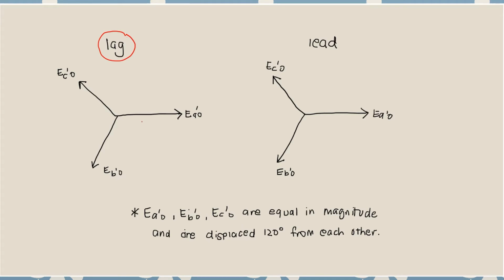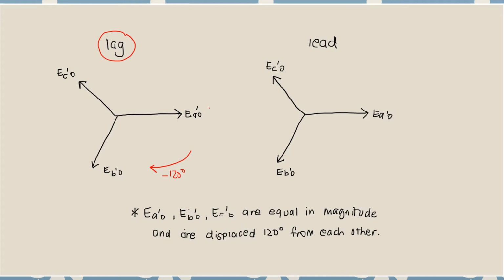For the lag, it's always clockwise action, so it's negative. In this direction, you take EA as a reference. Why is EA the reference?